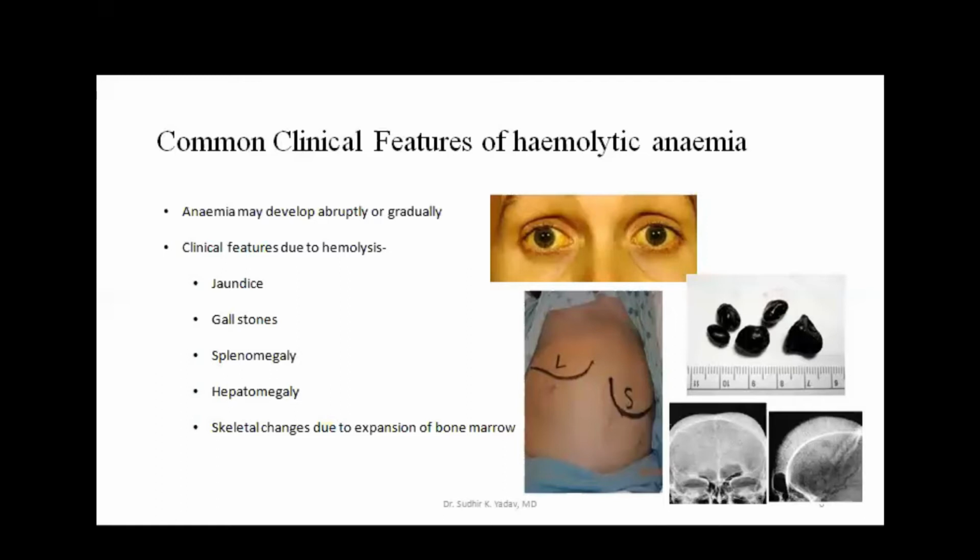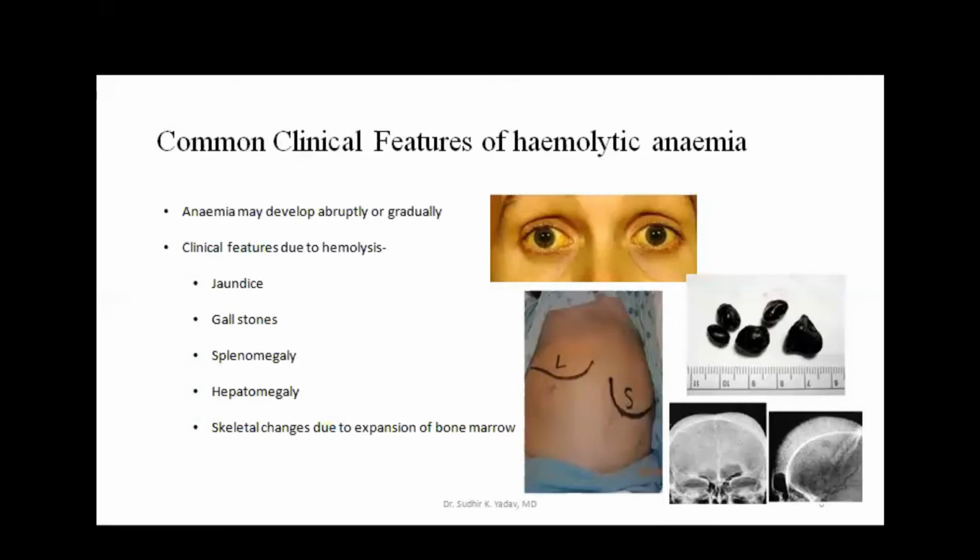If the compensation by bone marrow is not adequate, erythropoiesis takes place at extramedullary sites. The two most common extramedullary sites are the spleen and liver, so the spleen and liver will be enlarged.